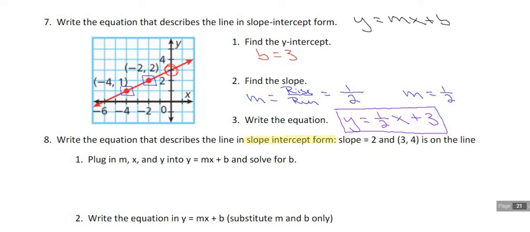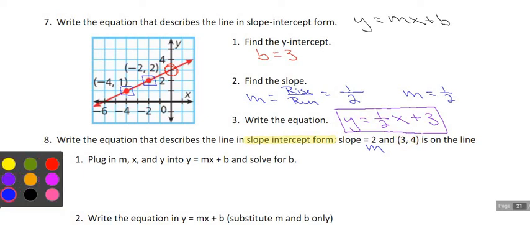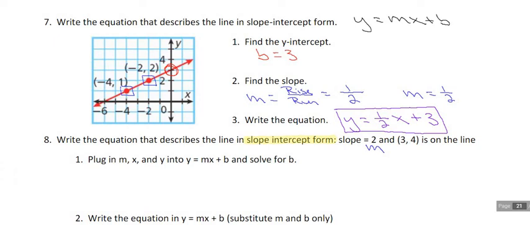Now here's the problem. Based on the information that we have here, it says the slope is 2, so that's good. We have m. However, we don't have the y-intercept. We have just an ordered pair, 3, 4. Now, if I were to label that with variables, this is an x and a y.